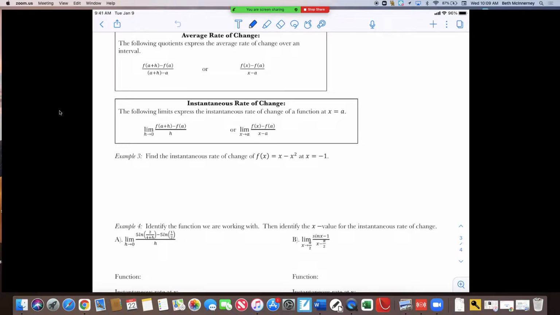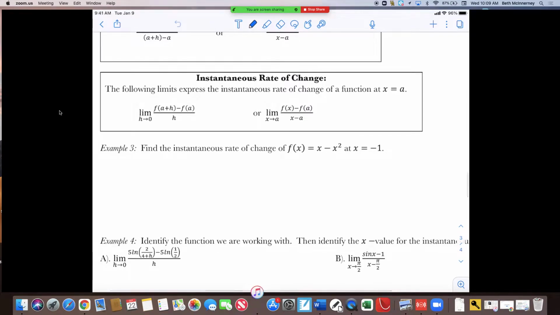Now, on the next quiz, I will likely ask you once to do it by hand, but then we will do a lot of identify. So if it asks me for the instantaneous rate of change of f of x at x equals -1, you may choose either limit. I think the one on the right is easier to work with.